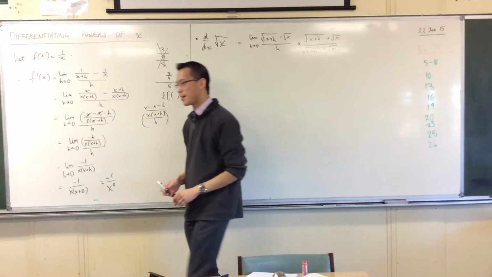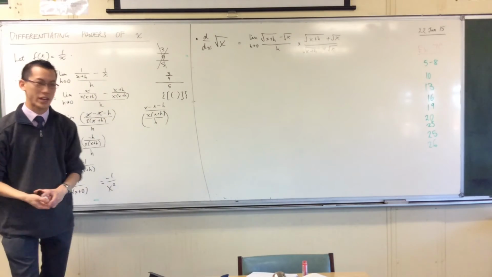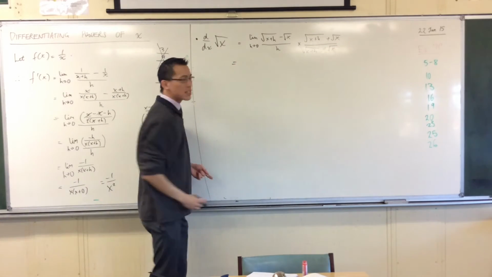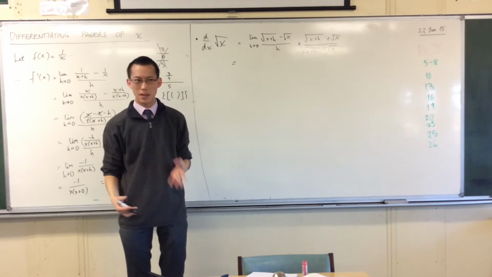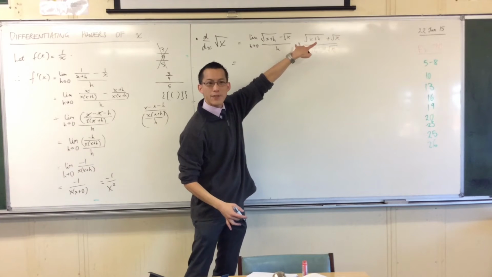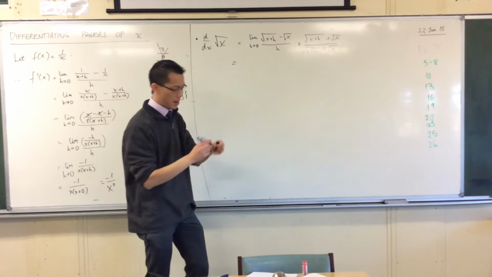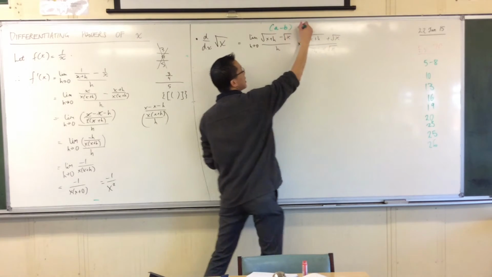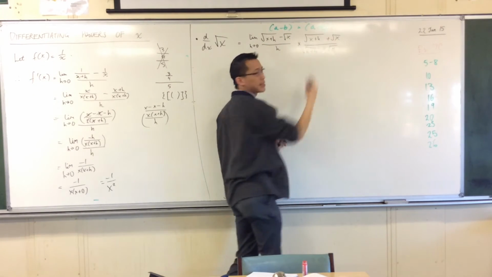When we get to complex numbers at the end of the year, conjugates will reappear. Fantastically useful thing. So the reason why we can use conjugates here is because you're going to get difference of squares up here at the top, right? This is really an a minus b times a plus b situation.